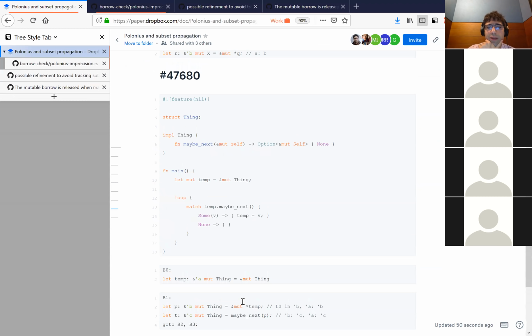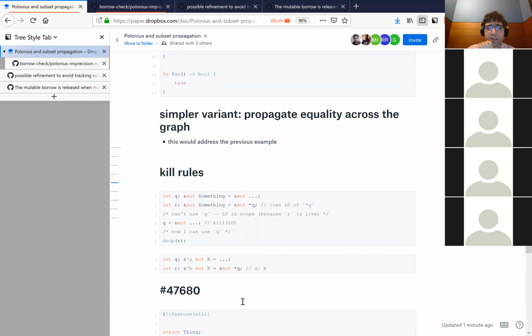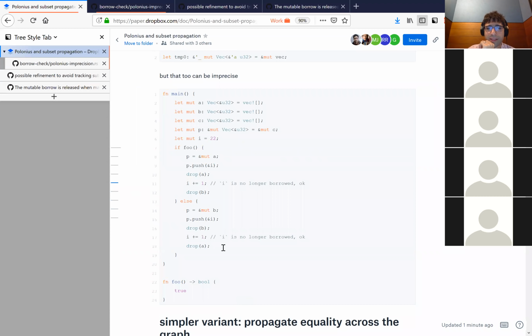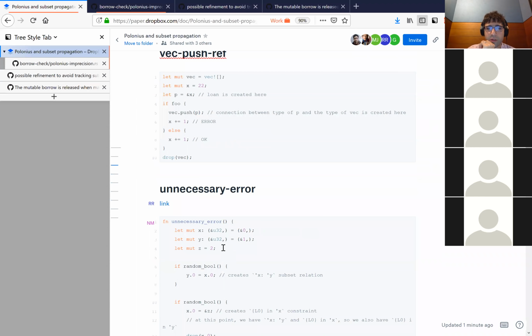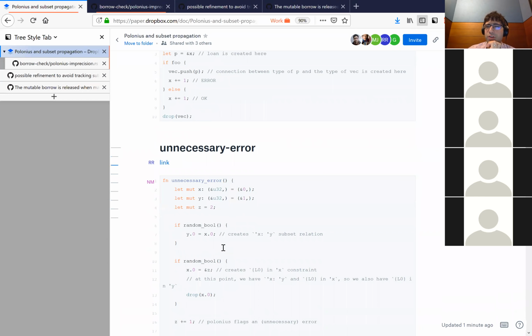I think a core question, an intuitive difference, which is what gave rise to this whole discussion, is the question of: can you capture the current state? If you just look at any given point, at the requires relations, which is the value of, if you think of regions as sets of loans, the elements of the set, could you just replace all the regions with the elements of their sets? The answer is Oxide is doing that.